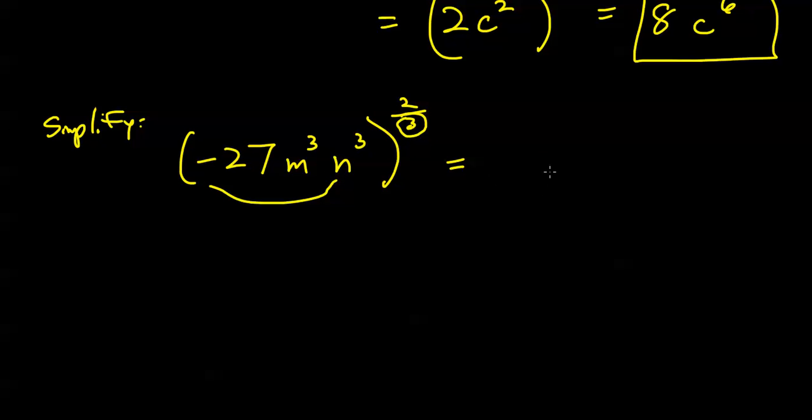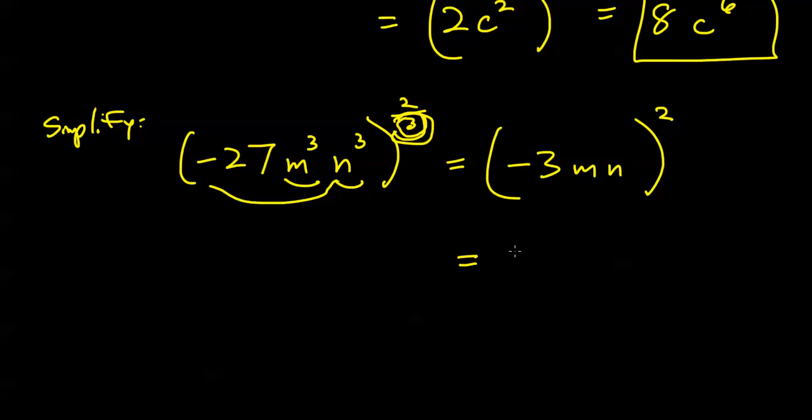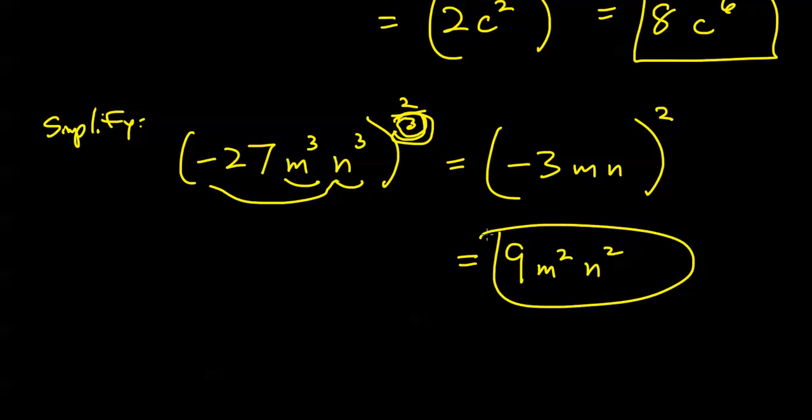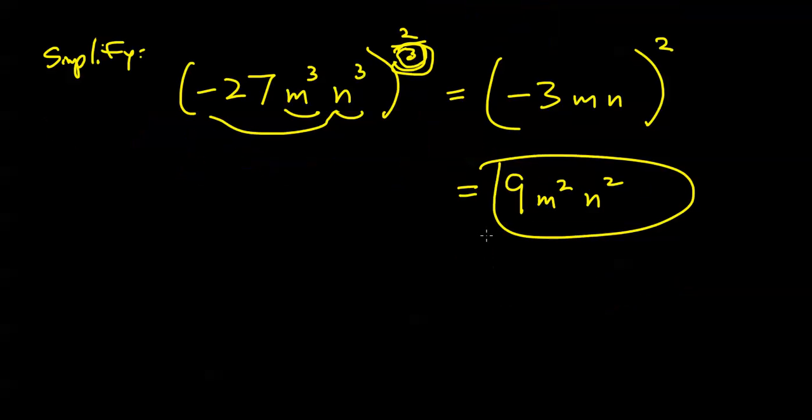The 3rd root of minus 27 is negative 3. The 3rd root of m cubed is m. And, of course, the 3rd root of n cubed is n. So I'm going to have minus 3mn raised to the 2nd power, which, of course, reduces to 9m squared n squared. So often on some of these simpler ones you can do it in your head. Denominator root, numerator power.